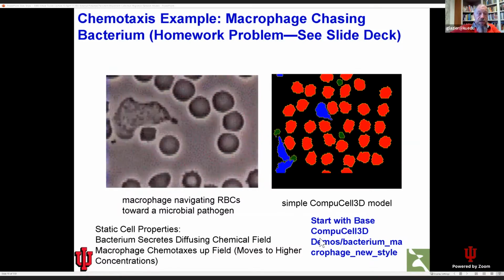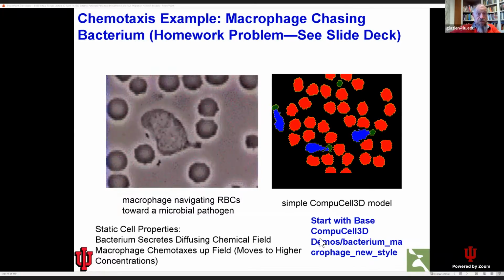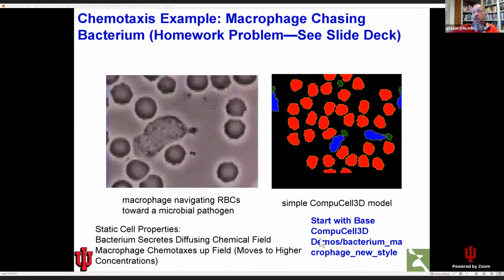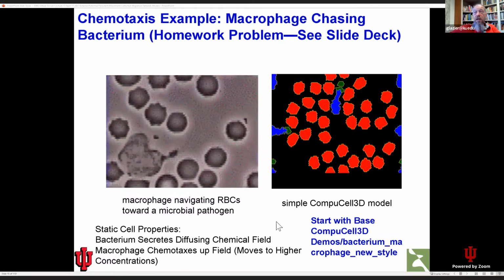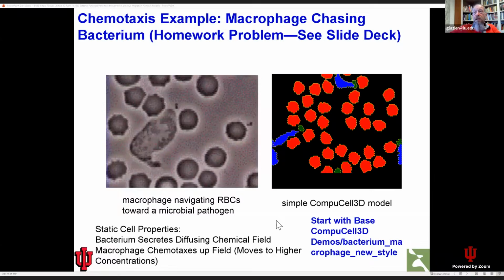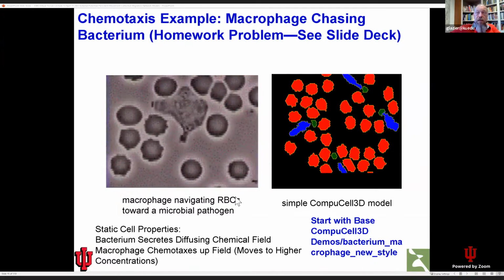And the next thing that we would normally do, and I'm going to skip this because of time this year, is there's a very famous movie from the 50s of an immune cell moving through blood.